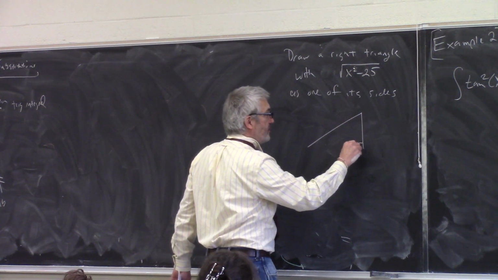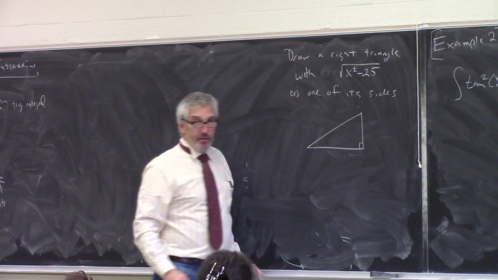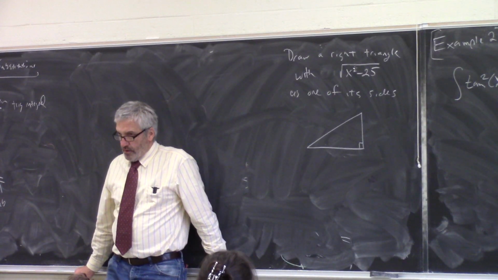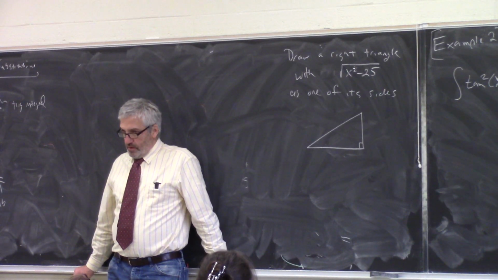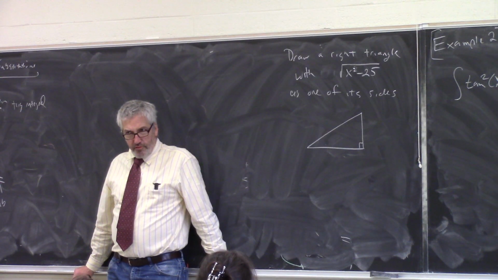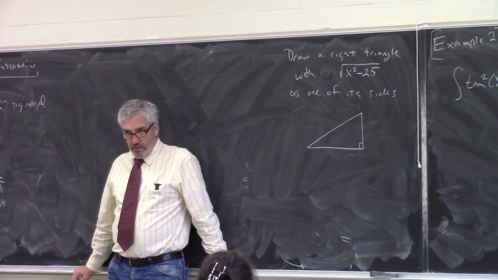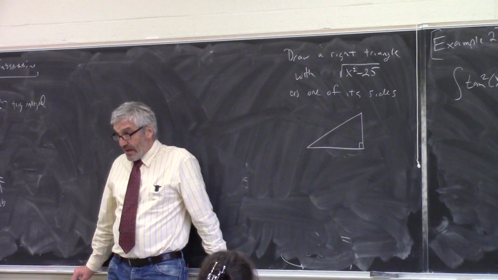So here's my right triangle, and I've got to make that be one of the sides. So here's a question for you. Do you think that square root term is going to be a hypotenuse or a leg?